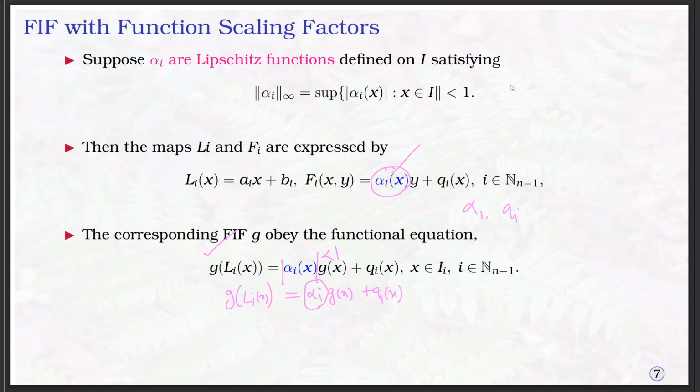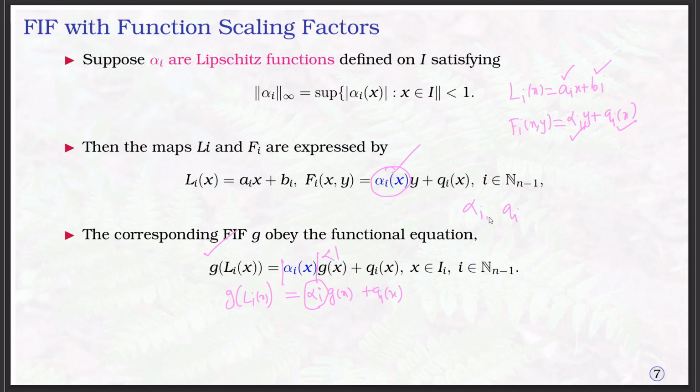Now, we have the two mappings: Li of x equal to Ai x plus Bi, and Fi of x comma y equal to alpha I times y plus Qi of x. All these parameters Ai, Bi, alpha I and Qi are classified.